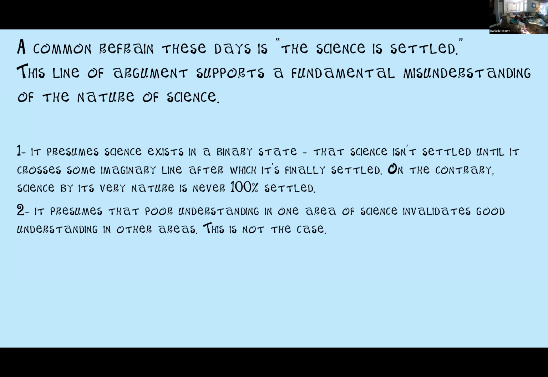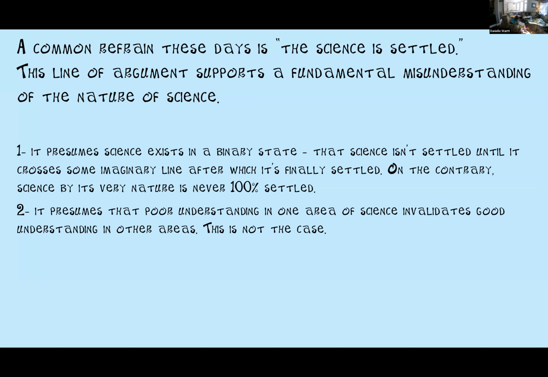It also presumes, and this is where people get tricky, this happened a lot during COVID. There were a lot of things we knew a lot about in COVID, and there were a lot of things we didn't know a lot about in COVID. Just because you know a lot about one thing doesn't mean you know the same amount about everything else. And just because you don't know a lot about one thing doesn't mean you don't know the same amount of not a lot about everything else.